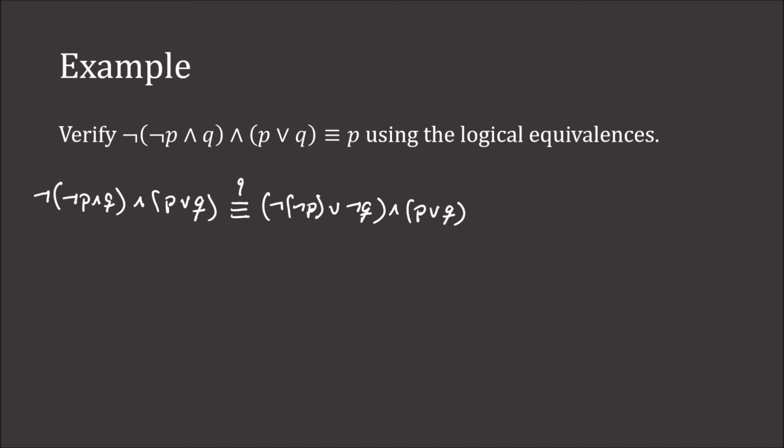So I applied De Morgan's law. Now, I can say this is logically equivalent by property 6, which is the double negation, (P or not Q) and (P or Q).